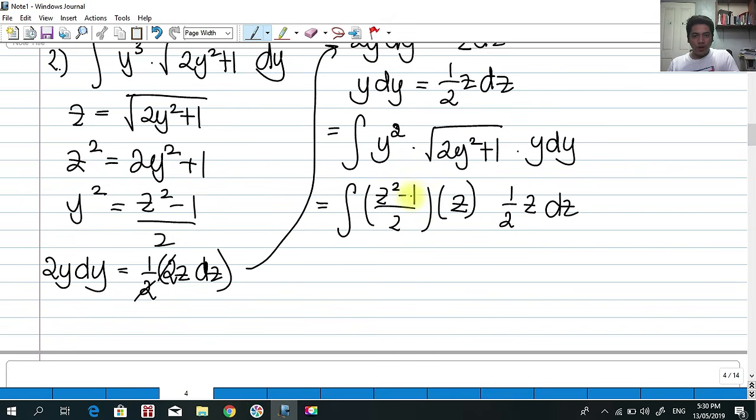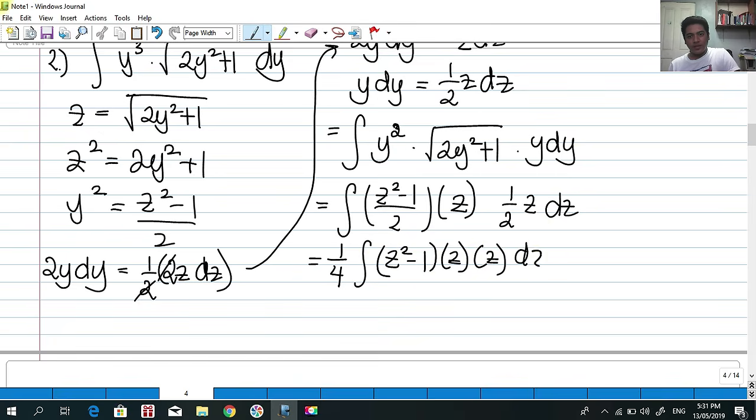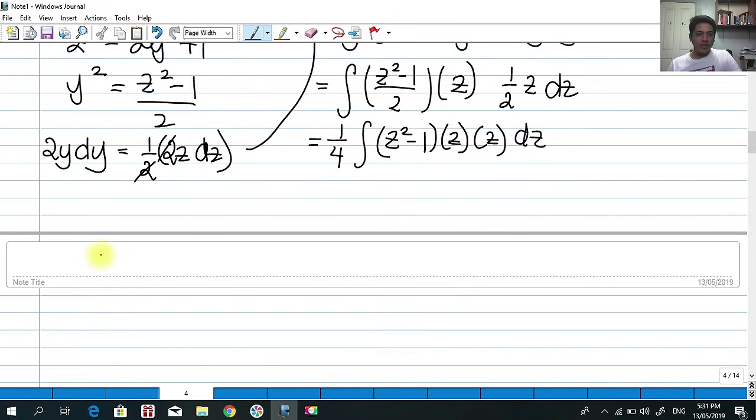I could also factor out the 1 half, so that 1 half times 1 half, we can factor outside the integral. So we have 1/4 times the integral of z squared minus 1 times z dz. So now we can simply evaluate the integral of this.